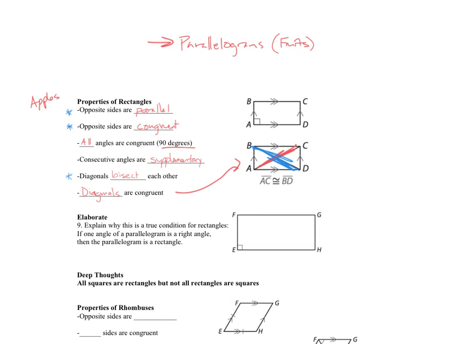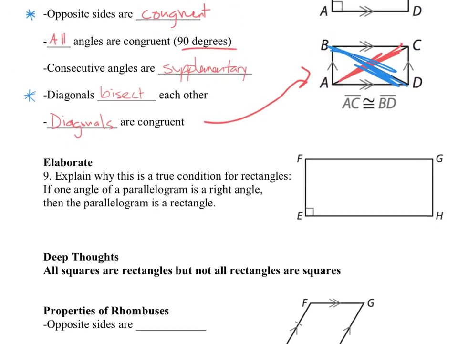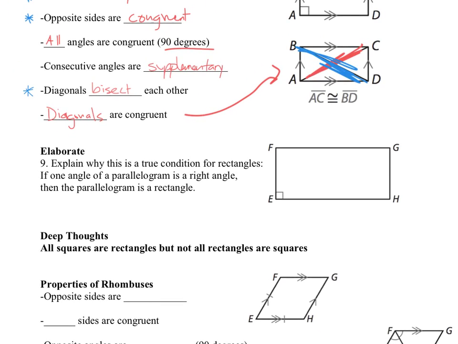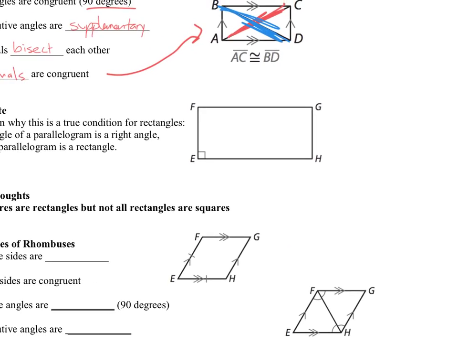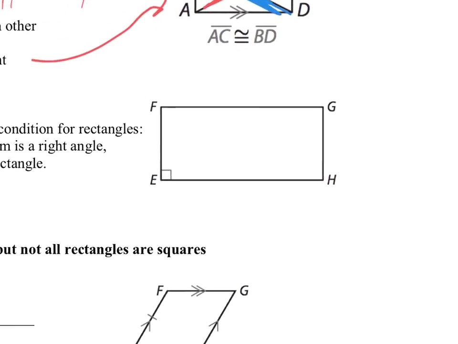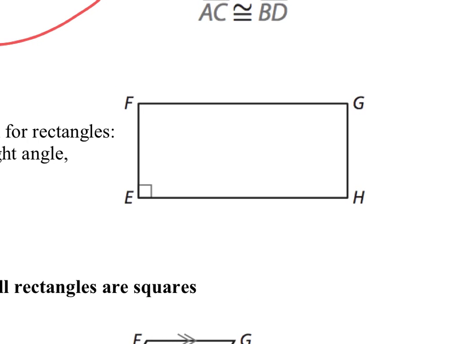So number 9, explain why this is a true condition for rectangles. If one angle is a right angle, then the parallelogram has to be a rectangle. So again, if we have a parallelogram and we know that we have one right angle, we know these two lines are parallel, and this is a transversal.